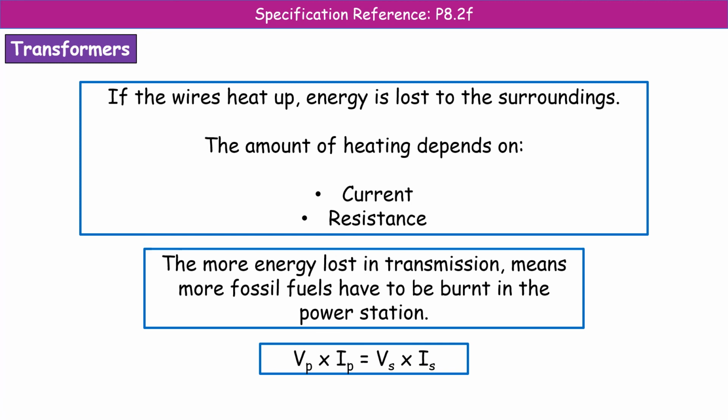Now, if we waste energy, that means we've got to burn more fossil fuels in the power stations to then generate the amount of electricity we need for all our homes and businesses to work, because a proportion of that didn't make it. It was transferred to the thermal stores instead. So the amount of heating that we get in those wires is dependent on two things: current and resistance. So by increasing our potential difference, what we're actually doing is reducing the current there.